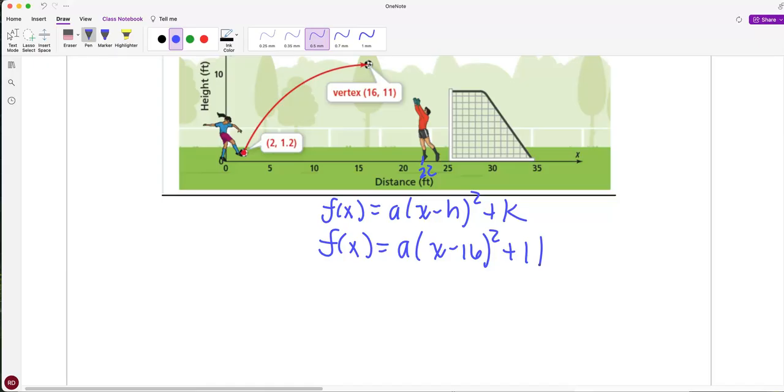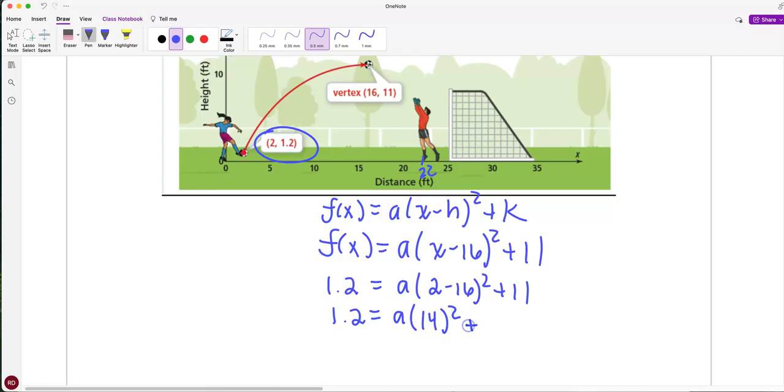What else do I know? I know that when x is 2, the y value is 1.2. So 1.2 is equal to a, 2 minus 16 squared plus 11. So 1.2 equals a, and this is 14 squared, plus 11.